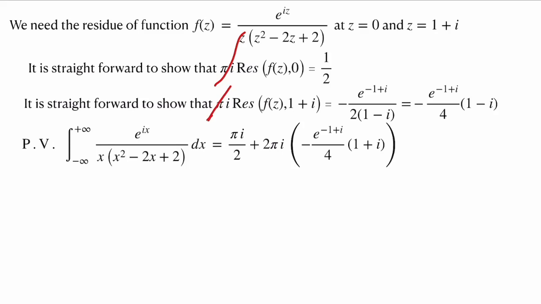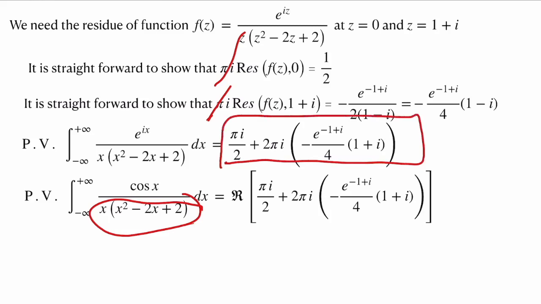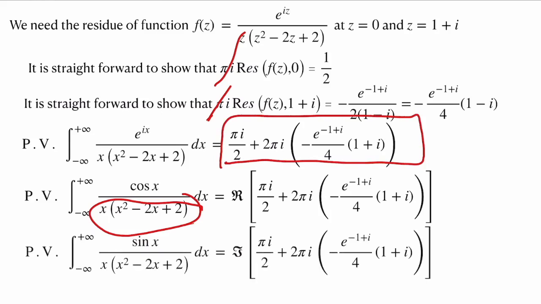One can evaluate this, and so the integral from minus infinity to plus infinity of cos x divided by all these terms is the real part of the value that we have obtained. In the same way we can obtain the sine term too, taking the imaginary part of the integral obtained using the residue theorem.